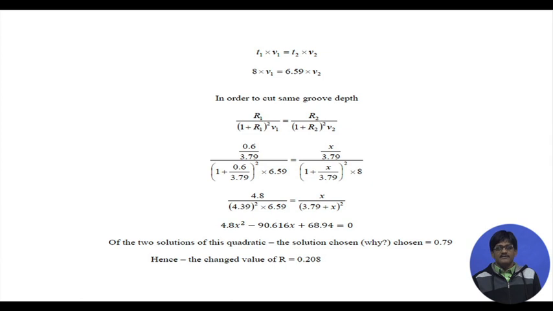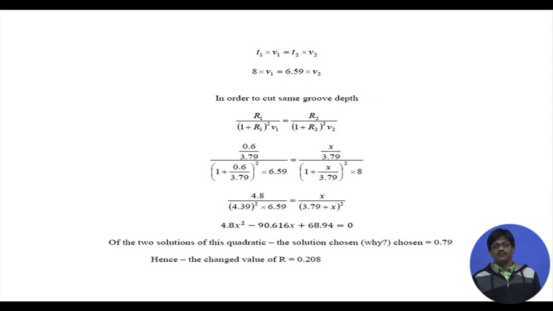So, with that sort of calculations, I have not included these calculations because you can do it yourself very easily, and therefore, x in my case was coming out to be 0.79. That means the consumption of abrasives will be increasing from 0.6 kgs per minute to 0.79 kgs per minute.